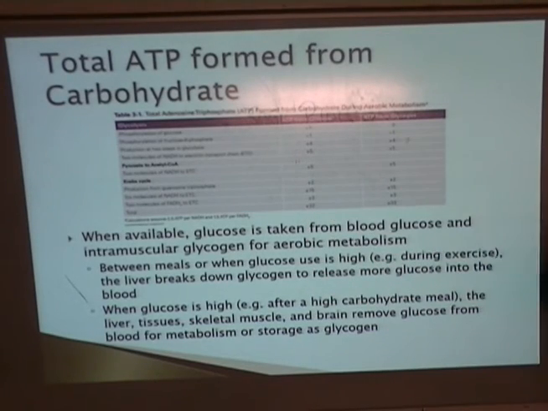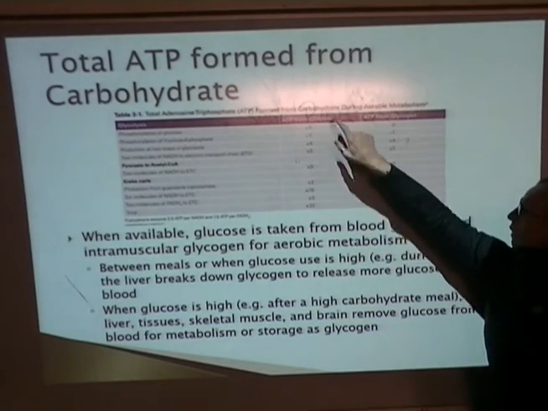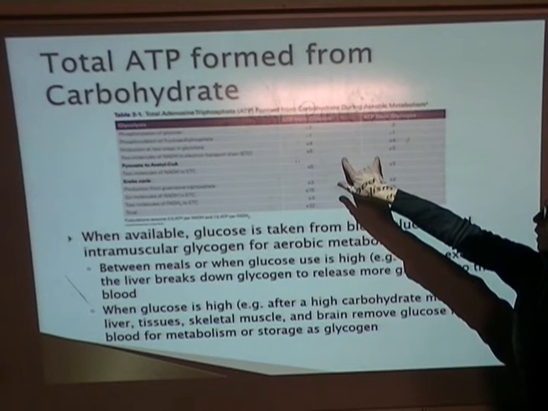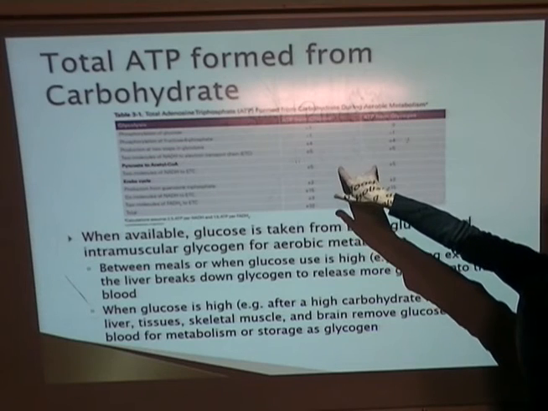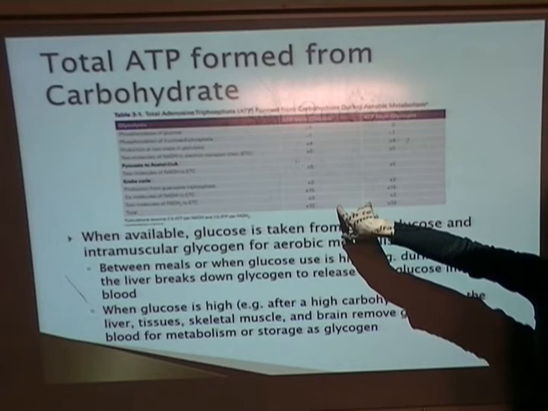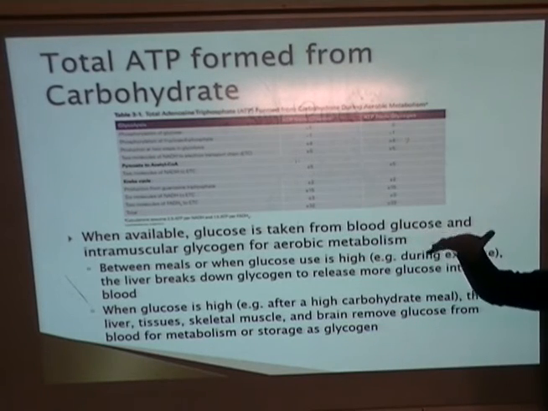We're talking aerobic breakdown. So we break it down via glycolysis, we get to our pyruvate, we shuttle the pyruvate to the mitochondria, we turn it into acetyl-CoA, and then we use the acetyl-CoA in Krebs cycle in the electron transport chain. Right, so we get somewhere around 32, 33.